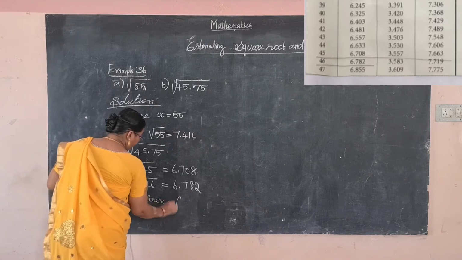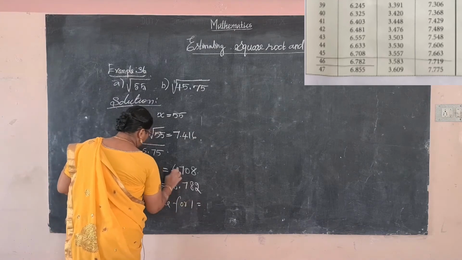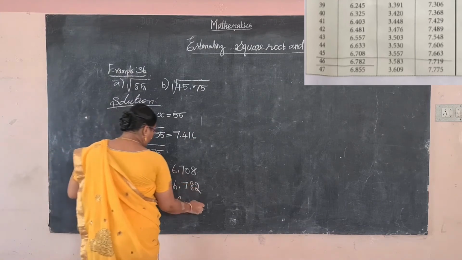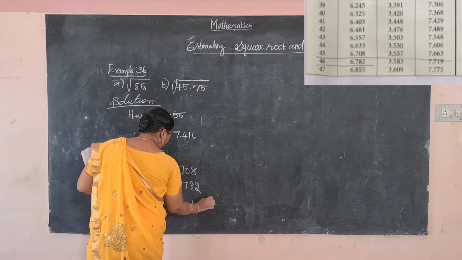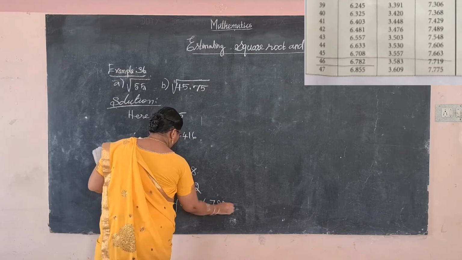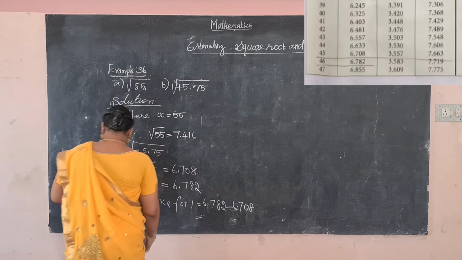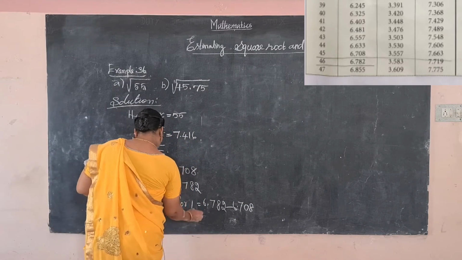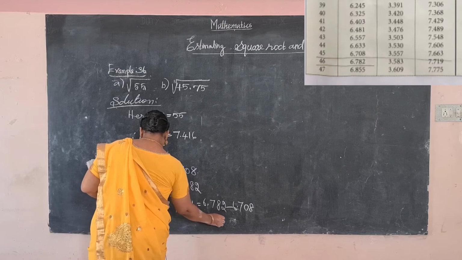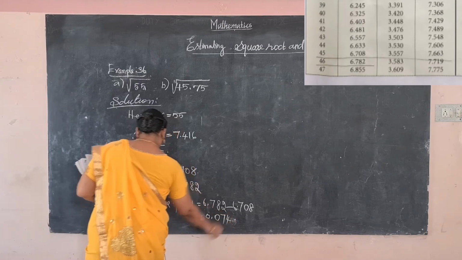Now find the difference for 1: subtract 6.782 minus 6.708. What do we get? 0.074.